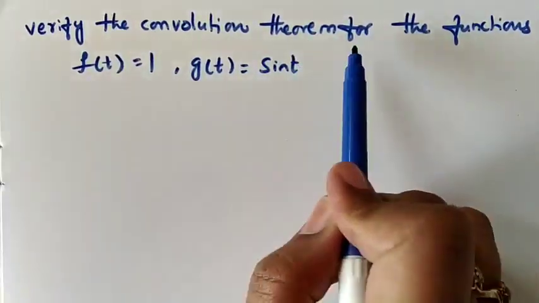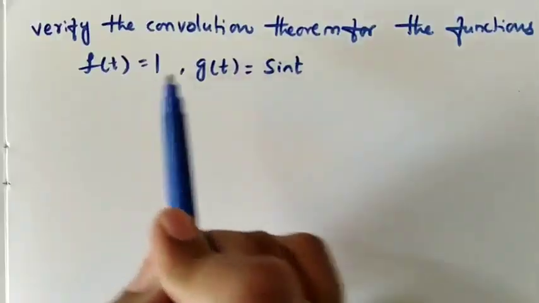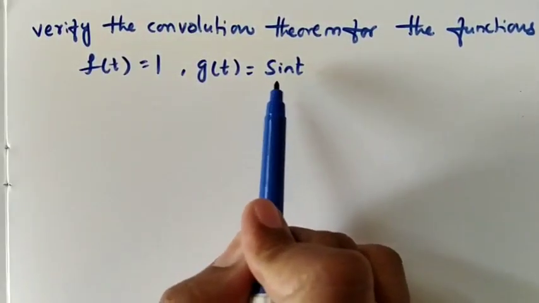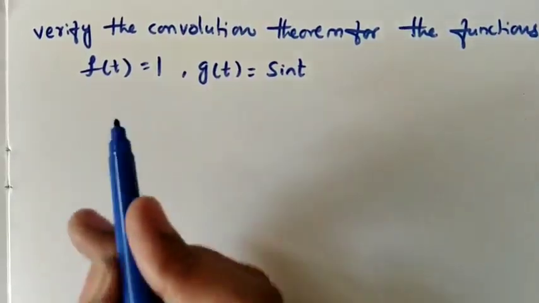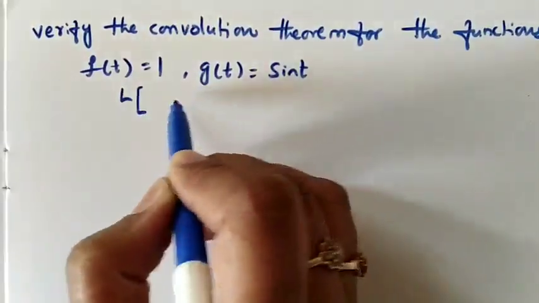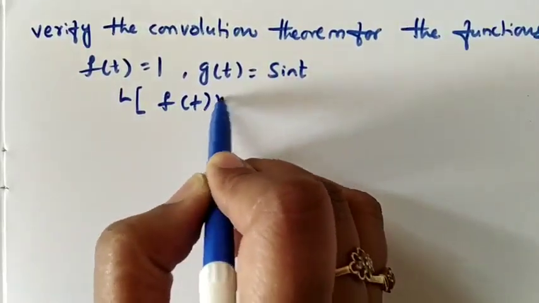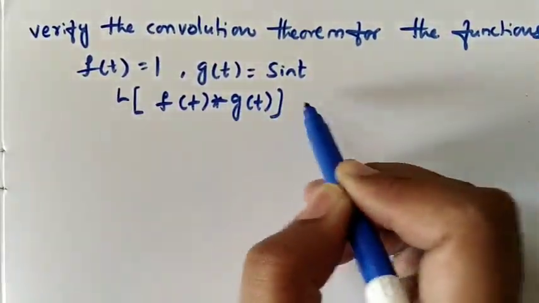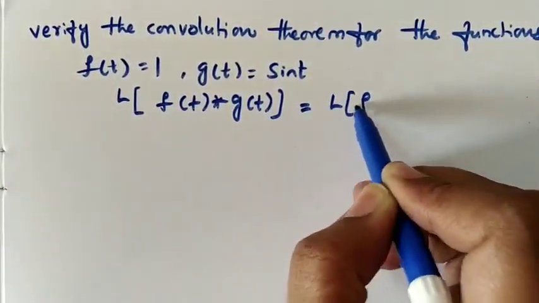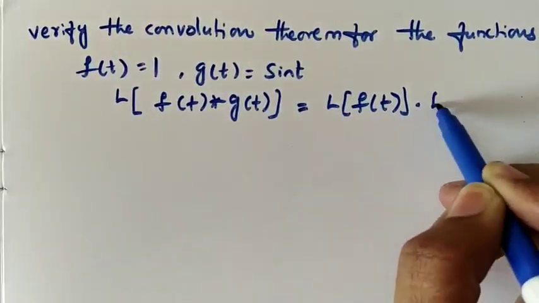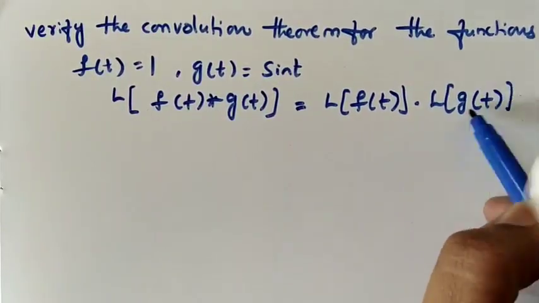Verify the convolution theorem for the functions f(t) equals 1, g(t) equals sin t. To verify this, we have to verify L of f(t) star g(t) equals L of f(t) into L of g(t).